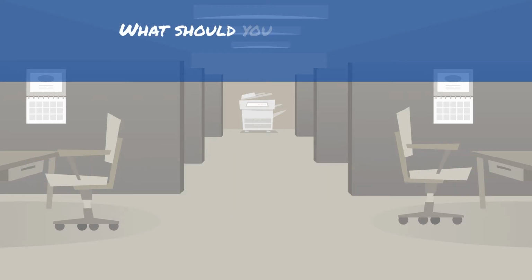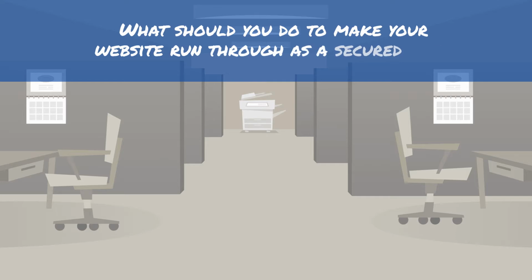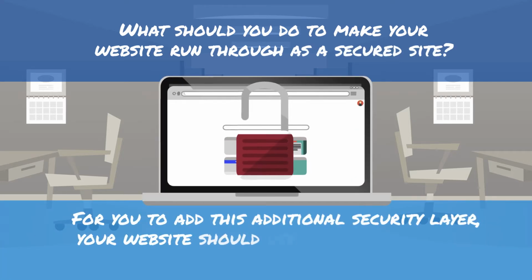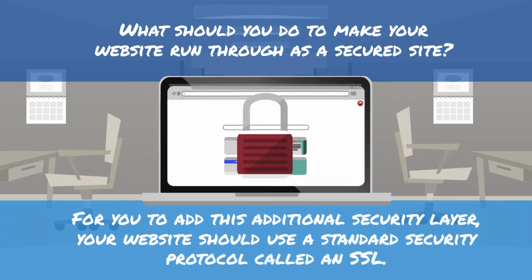What should you do to make your website run through a secured site? For you to add this additional security layer, your website should use a standard security protocol called an SSL. The use of the SSL technology makes the communication between your site and the internet server secured.